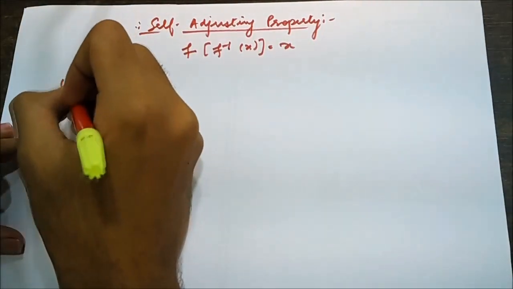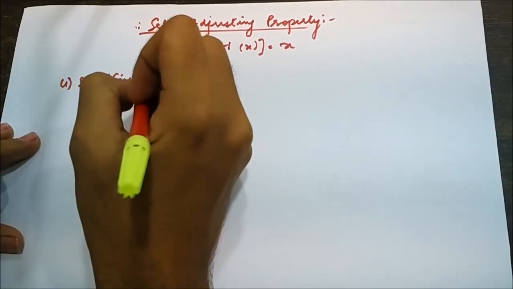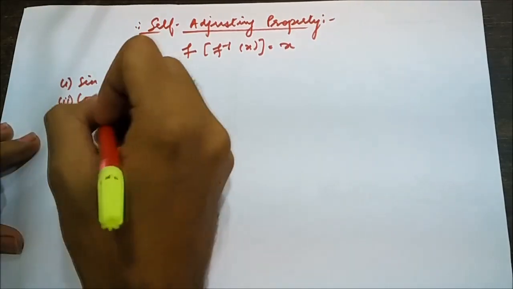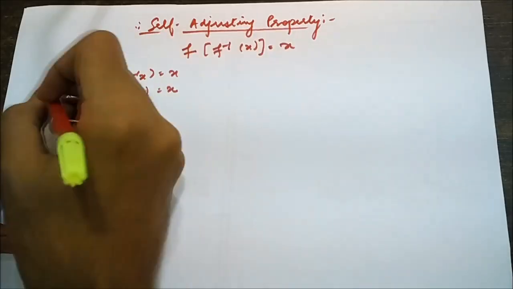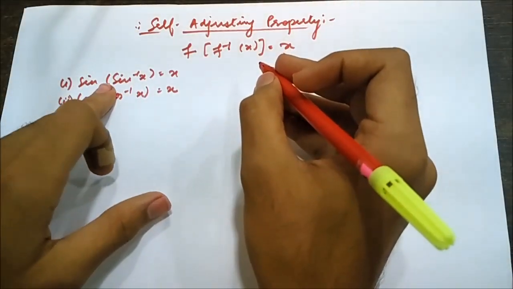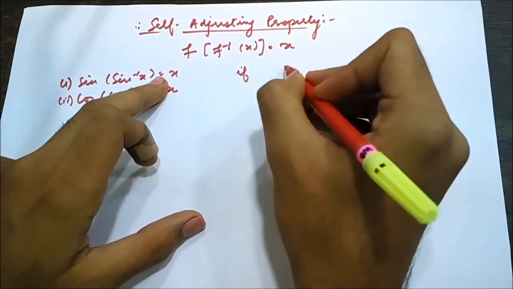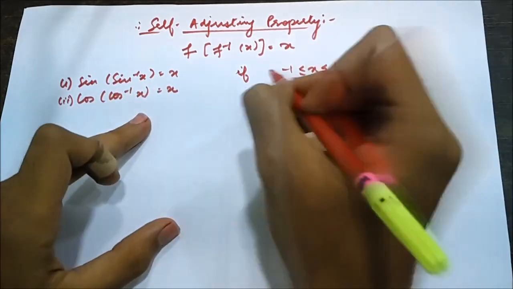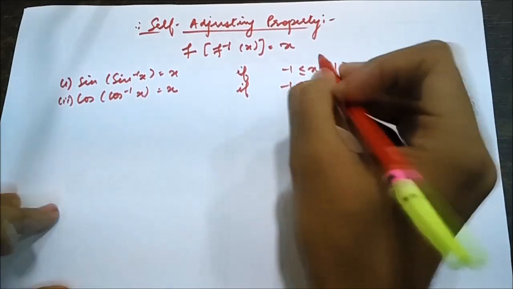So first is sine of sine inverse x is equal to x, cos of cos inverse x is equal to x. Sine of sine inverse x is equal to x if the range of x is minus 1 till 1, and the same for cos, minus 1 till 1.